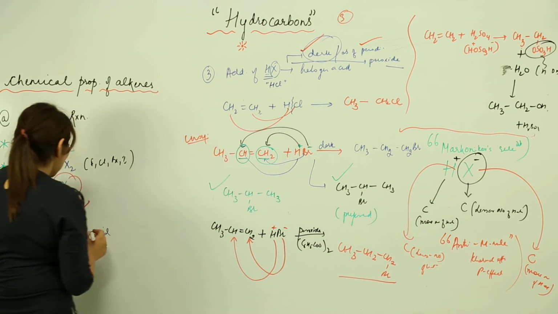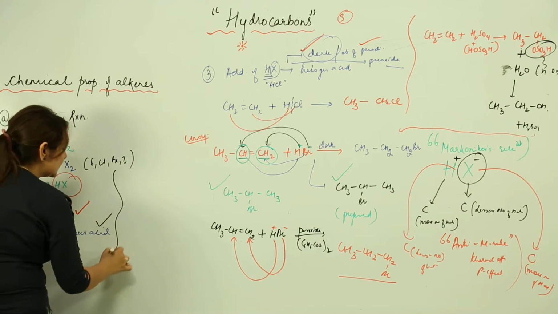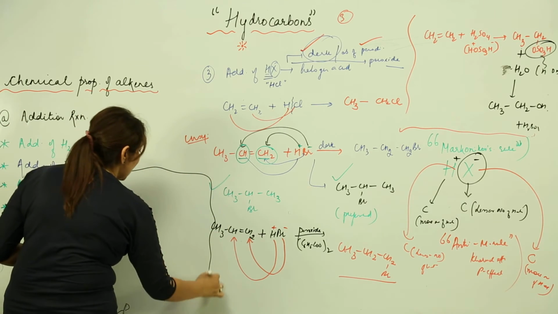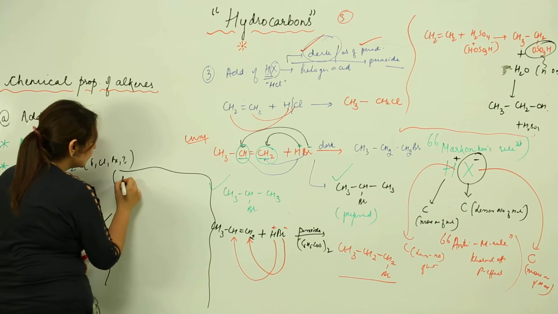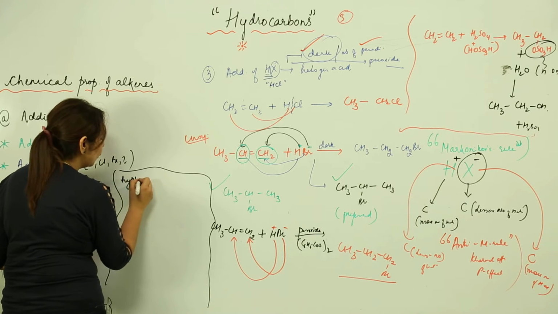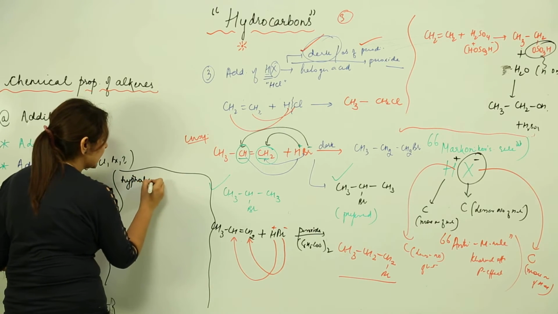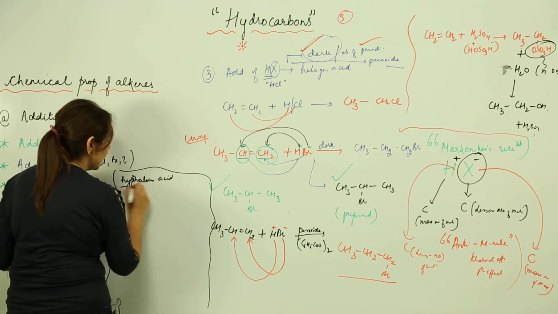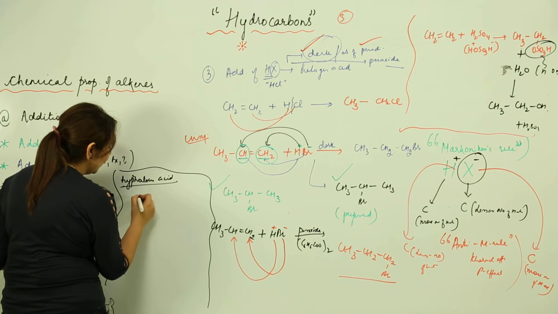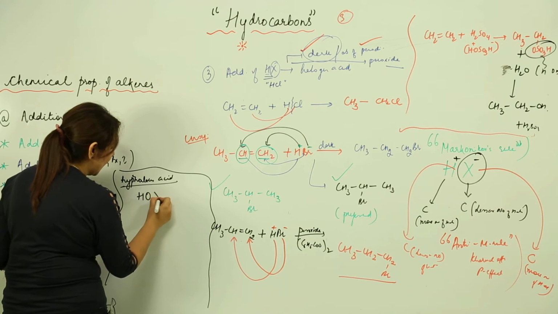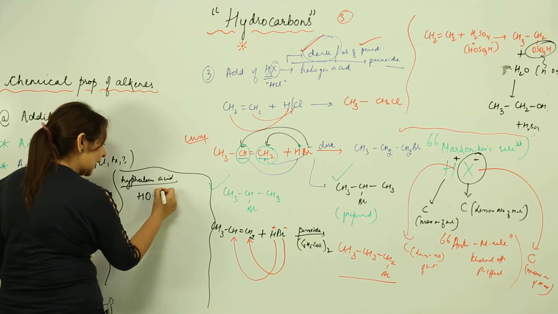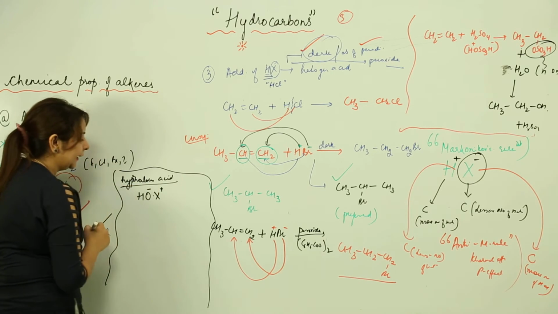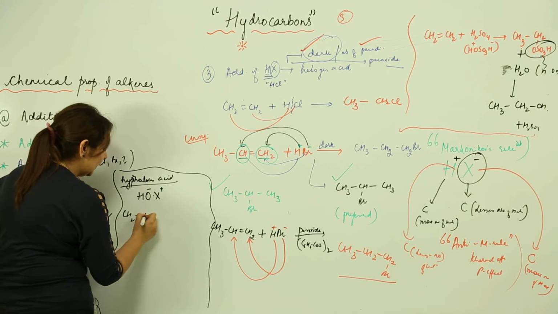Next we have addition of hypohalous acid. First of all you should know what hypohalous acid is. It is actually an acid in which there is this group and a halogen. In this, one acts as the positive part and the other acts as the negative part. So to an alkene you are going to add it.